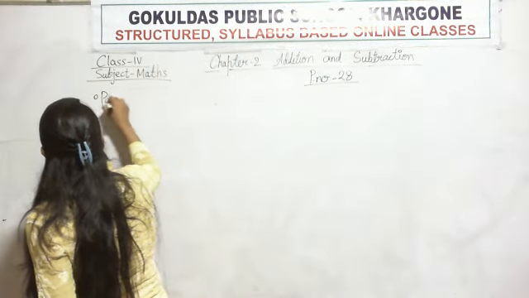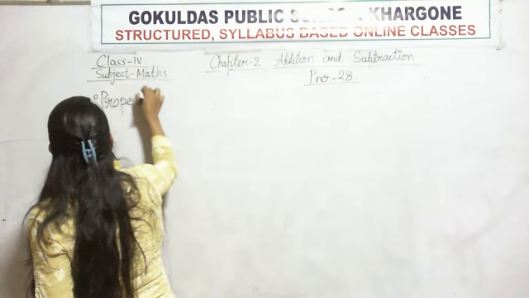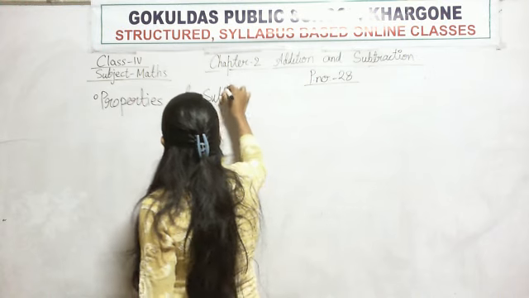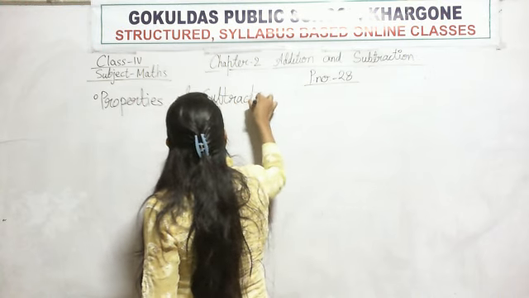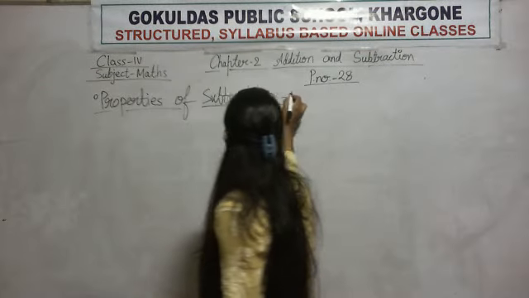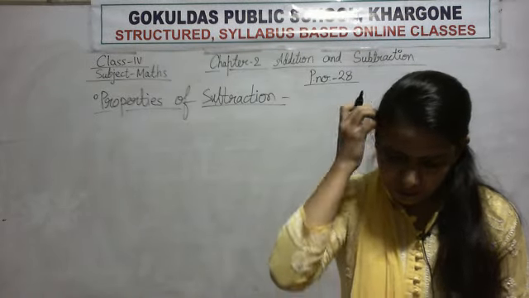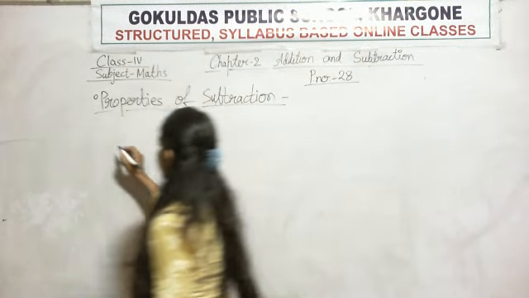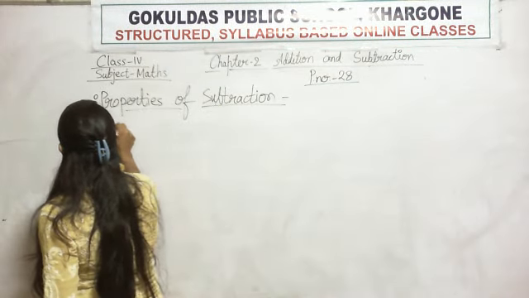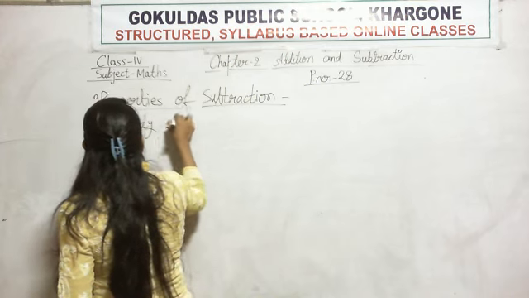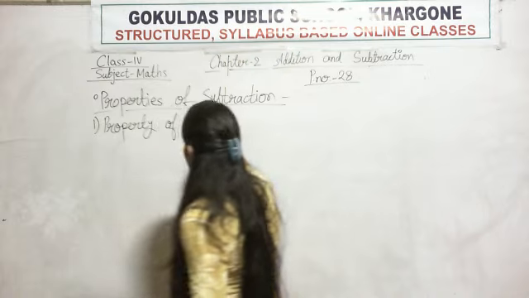Our topic is properties of subtraction. Property of 0. Our first property is the property of 0.